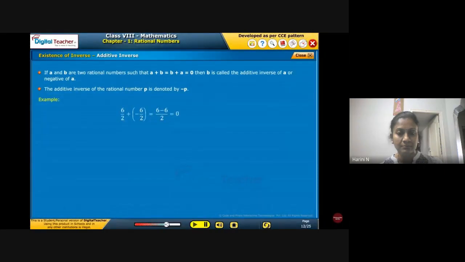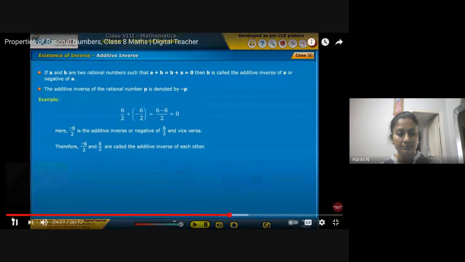The additive inverse of the rational number p is denoted by minus p. Example, 6 by 2 plus minus 6 by 2 equal to 0. Here minus 6 by 2 is the additive inverse or negative of 6 by 2 and vice versa. Therefore, minus 6 by 2 and 6 by 2 are called the additive inverse of each other.